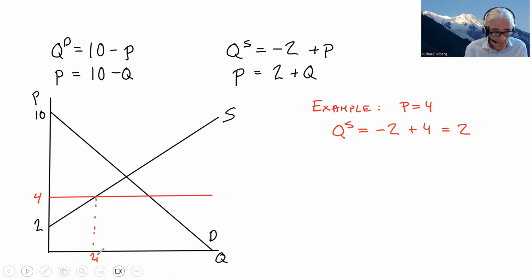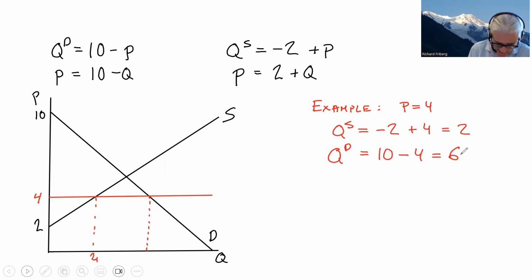Okay, what about demand? Well, that's not where demand is. Demand at a price of 4, we have to keep on walking, all the way out here. Okay, so what's the point here? Well, then we look at the demand. So QD equals 10, the intercept, minus the price, and now we're interested in the price of 4.